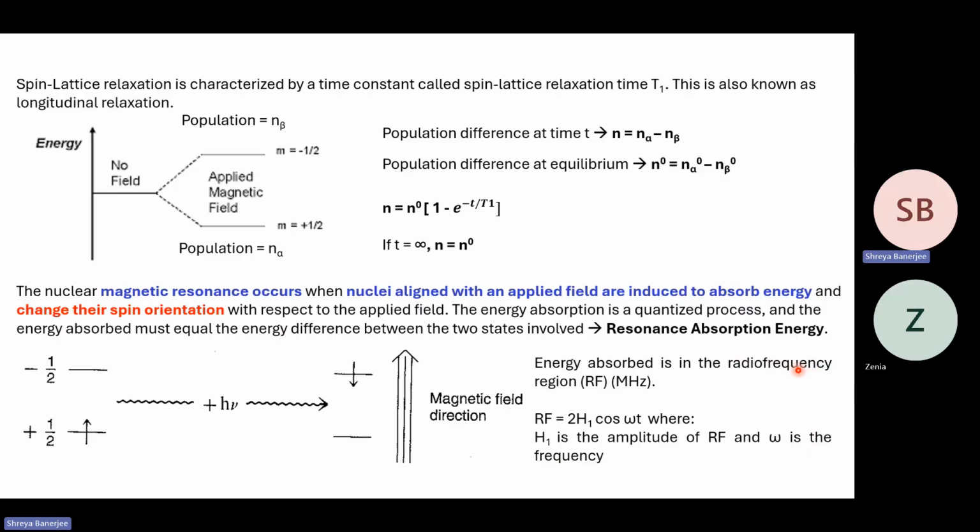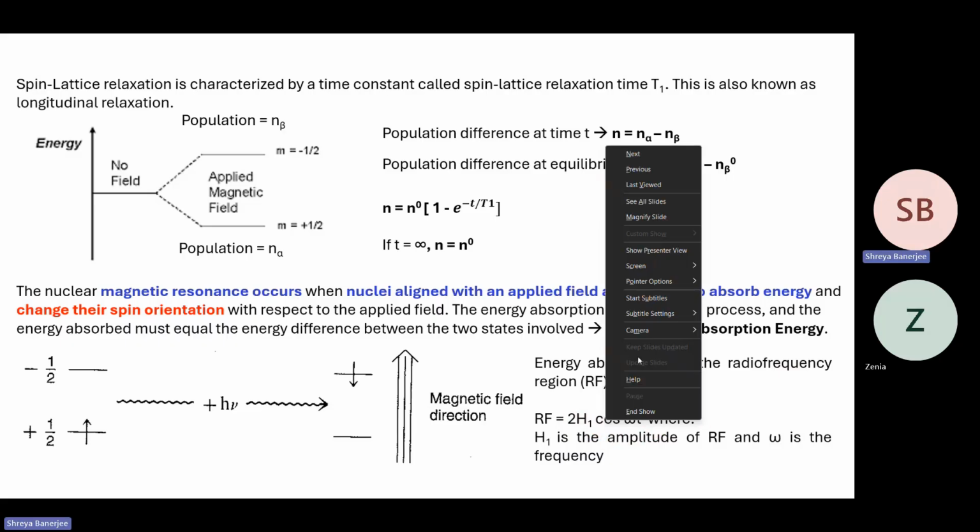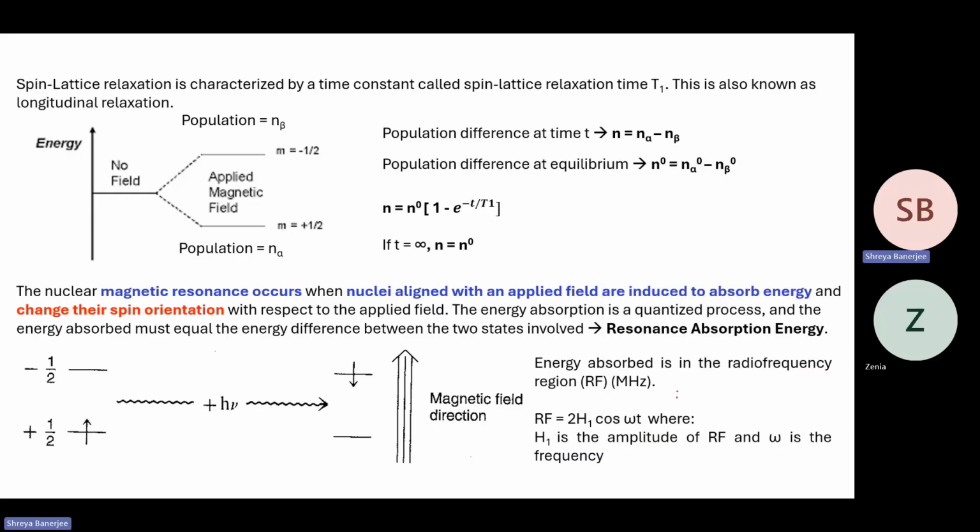So we started this lecture by talking about in which region of the electromagnetic radiation the NMR works. And since this energy absorbed is in the radio frequency region, that is where we see the NMR. So generally, any radio frequency pulse can be written as 2h1 cos omega t. Suppose you have a radio frequency pulse like this.